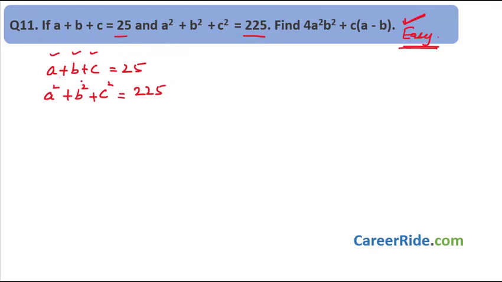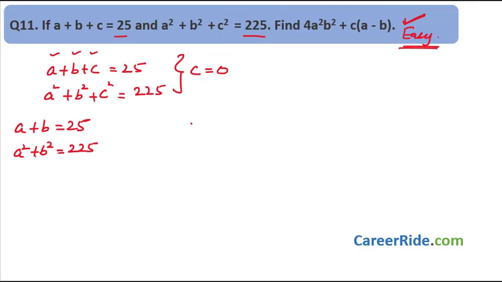So I have got one extra variable here, and first of all I'll try to get rid of that. The safest thing I can do here is assume c to be 0, right? In that case my a plus b becomes 25 and my a square plus b square becomes 225. Am I right? Okay.